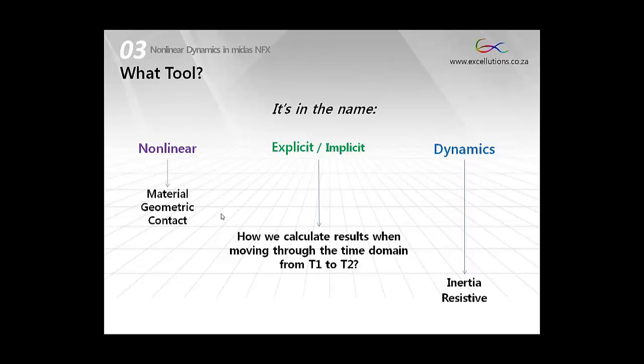On the dynamic side, it just means that inertia and resistive forces start to play a significant role right through the actual time event. And explicit and implicit really refers to the way that we go about calculating the results when we move through this domain from t1 to t2.